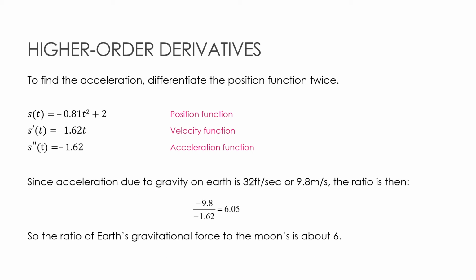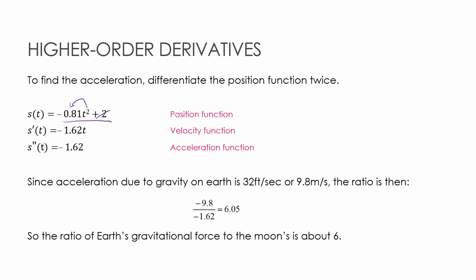So again, let's take a look. The acceleration is the position function differentiated twice. I took this function and differentiated it once, taking 2 times the negative 0.81, then times t to the first, and then obviously the derivative of 2 was 0.